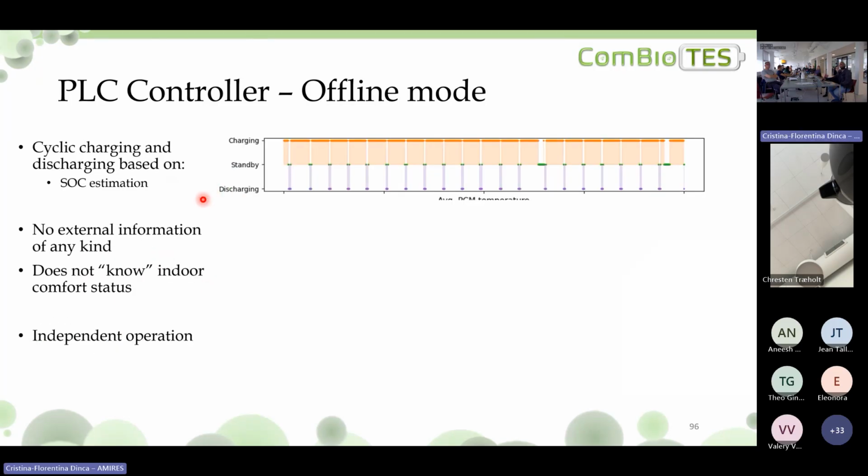In this mode, we charge and discharge the device in a cyclic manner based on state of charge estimation, so that we are delivering heat constantly to the building. So we can see these very uniform charge discharge cycles.